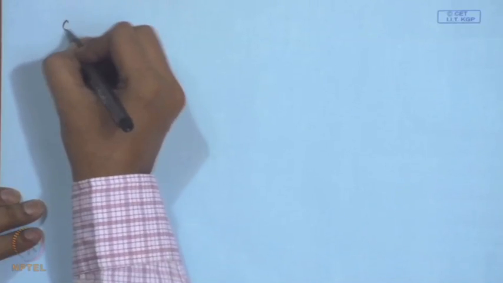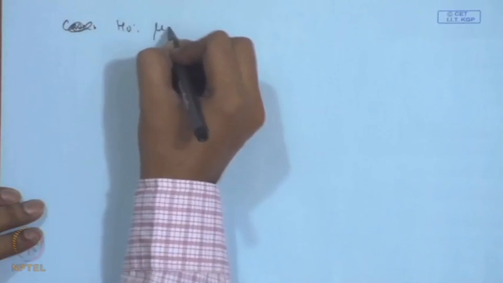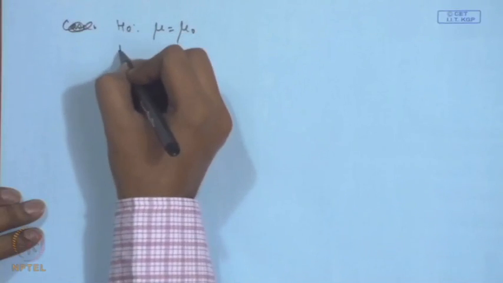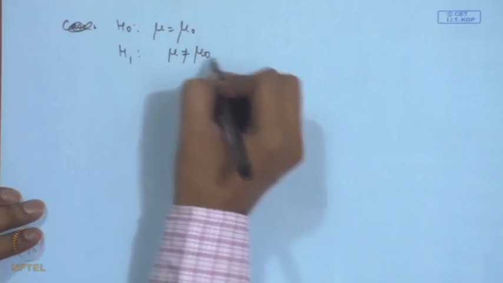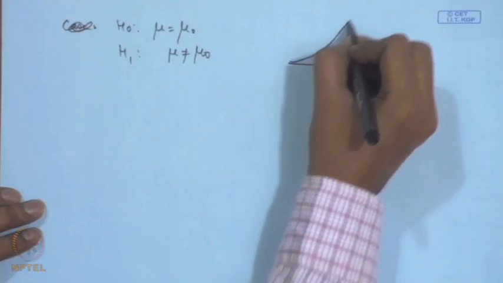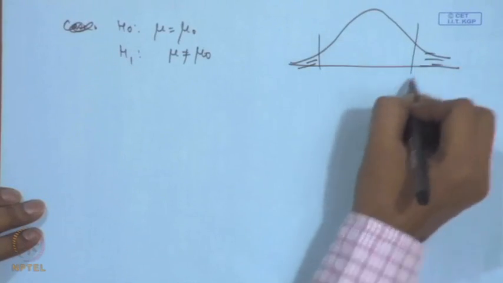Now, we may also have the case when the alternative hypothesis is on both the sides. For example, you may consider mu is equal to mu naught against mu is not equal to mu naught. In that case, on both the regions we will be considering rejection.